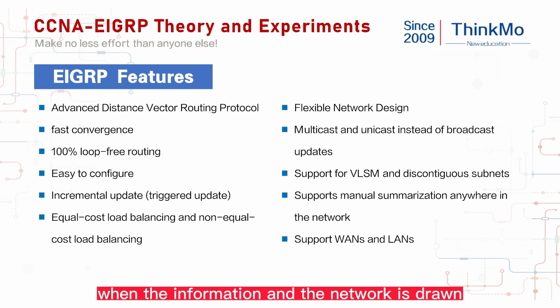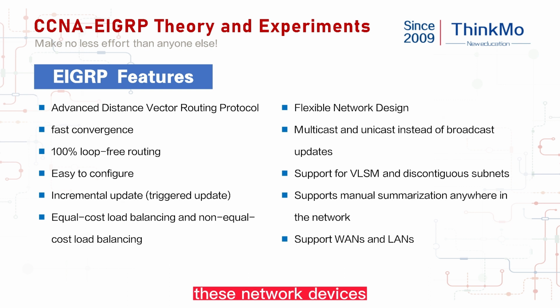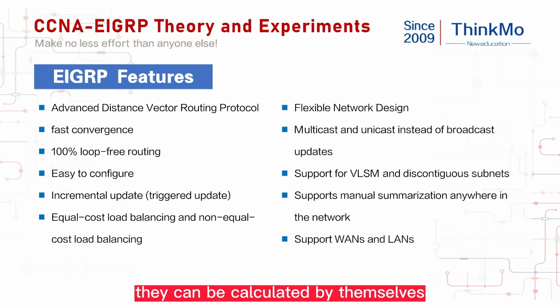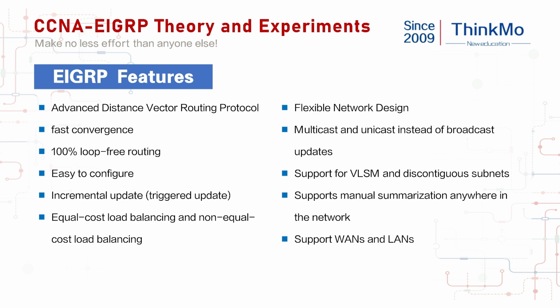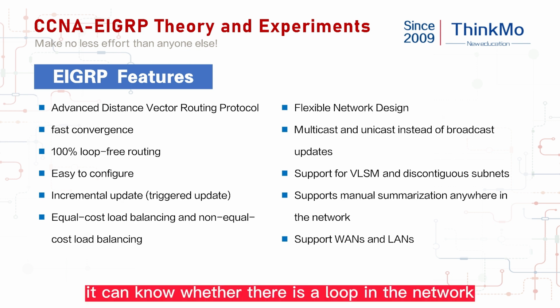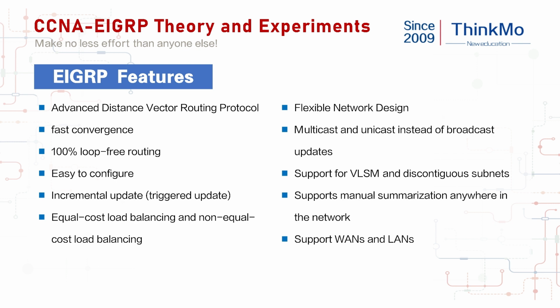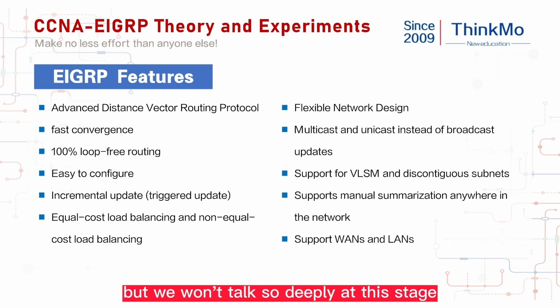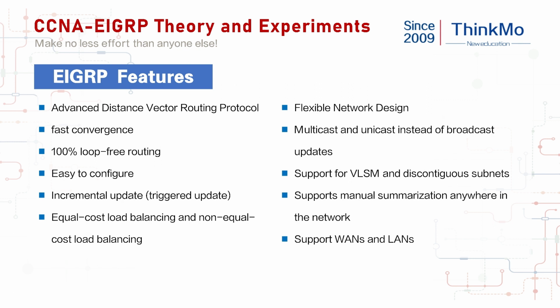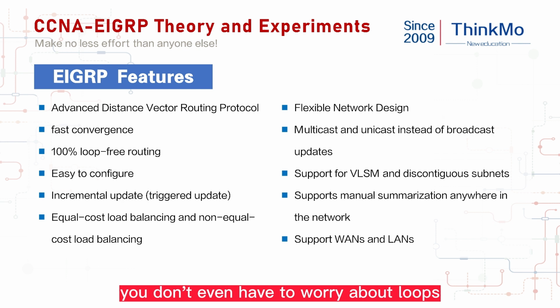When the information in the network is drawn, these network devices, after receiving the information, can calculate how each device is connected by themselves. After the calculation, it can know whether there is a loop in the network, and it has some anti-loop means based on different mechanisms, but we won't go so deep at this stage. So everyone understands that it is loop-free. That is, for each dynamic routing protocol, you don't even have to worry about loops, unless you have some redundant configuration.